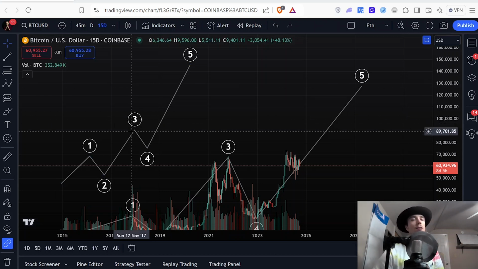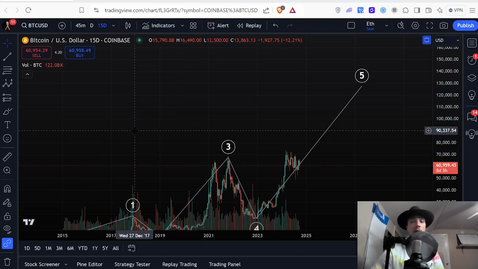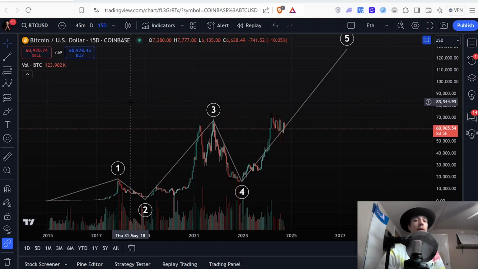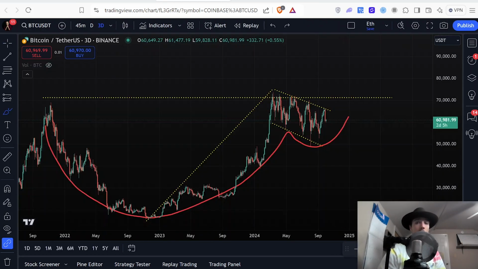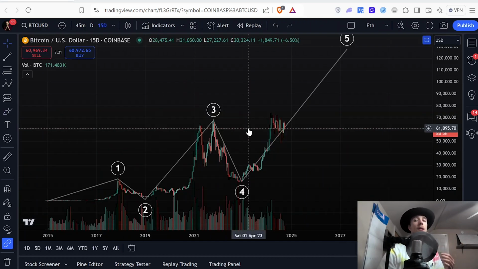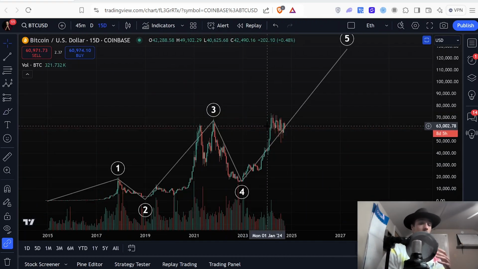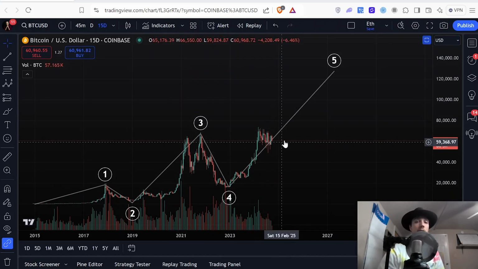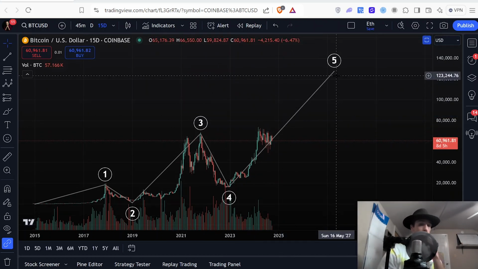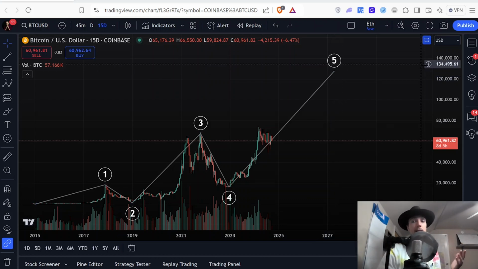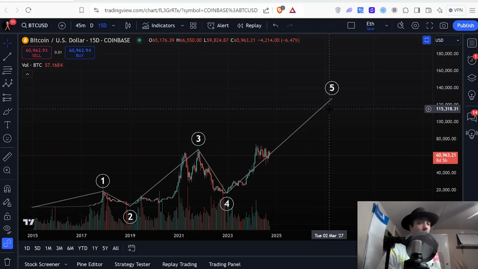So what I'm watching for here with Bitcoin on the bigger time frame is for us to, again, break out as a result of the cup and handle and the bull flag on the smaller time frame, but also as a result of an up and coming 5th wave here on the bigger time frame. That bigger time frame, 5th wave, should be extended, which means prices will go really high.